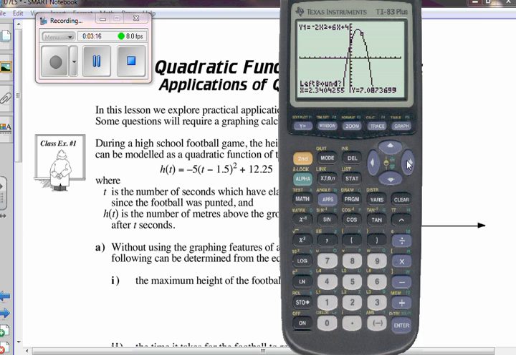Which side is on the left of the 0? No, this side. This is the left side of the 0. Enter. And then down. Now that's the right side of the 0. See, the arrows have to be pointing in towards each other. We're trying to find the x-intercept. And then push enter. And there it is, 3.561 approximately.